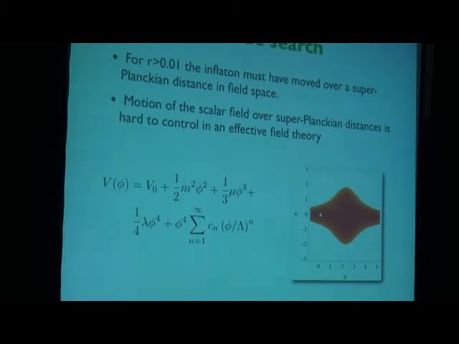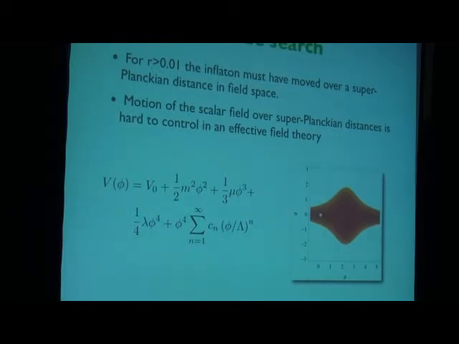You might consider, let's just forget that we're inflating for a second, just consider a flat space quantum field theory, and let's consider some low energy effective field theory with just one light degree of freedom. Let's imagine we're working at low energy, so we can ignore the higher derivative terms, even though one can in principle include them in the argument. So all I have to specify the effective action for my one degree of freedom is the potential.